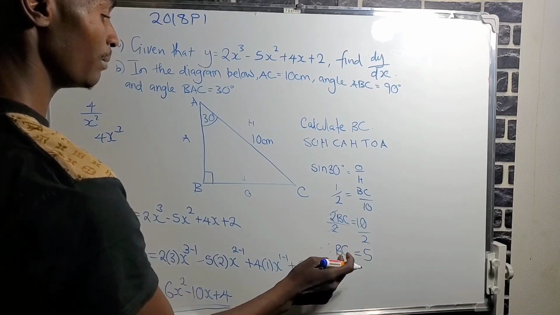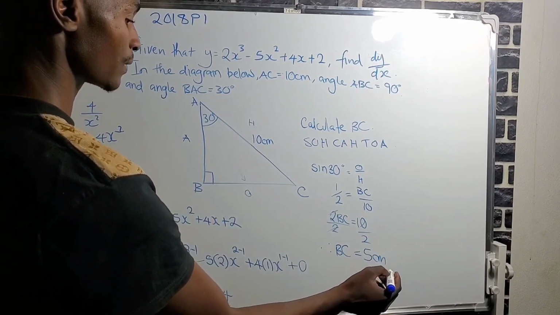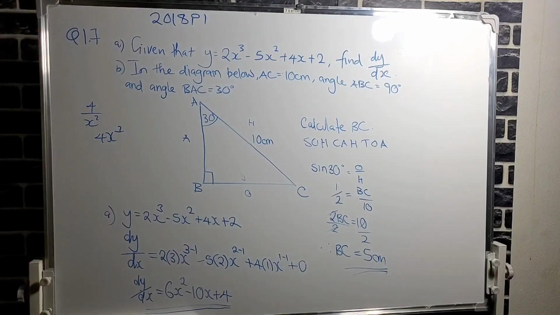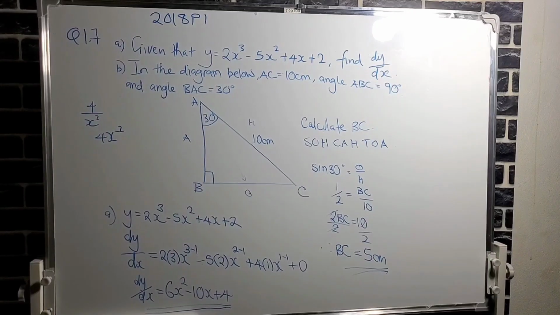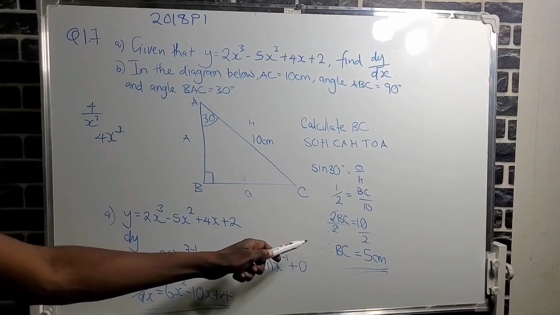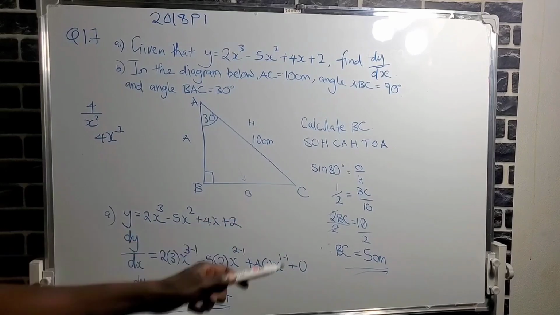Now for BC, the units are centimeters. So you just say BC is 5 centimeters. Okay, BC is 5 centimeters.